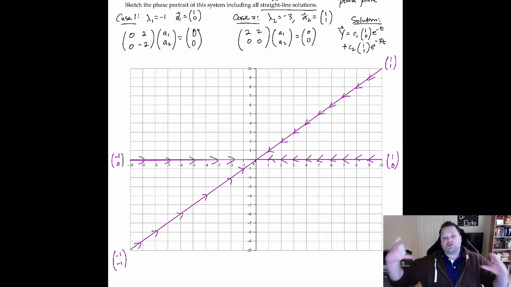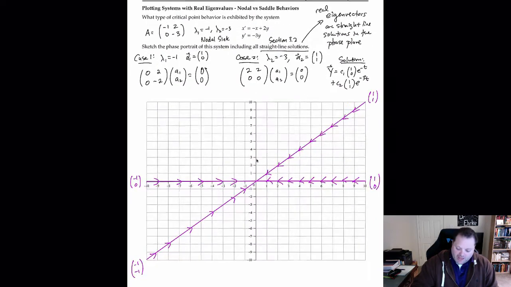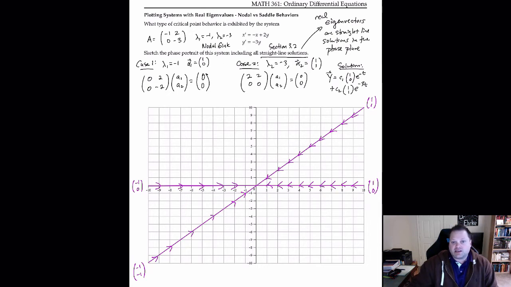So we know that everything is collapsing down to 0, 0 over time. 0, 0 is always the critical point or equilibrium point for these 2x2 constant coefficient systems, which makes me very happy because I know that I have a sinking kind of behavior, so all the solutions are going to sink down towards 0.